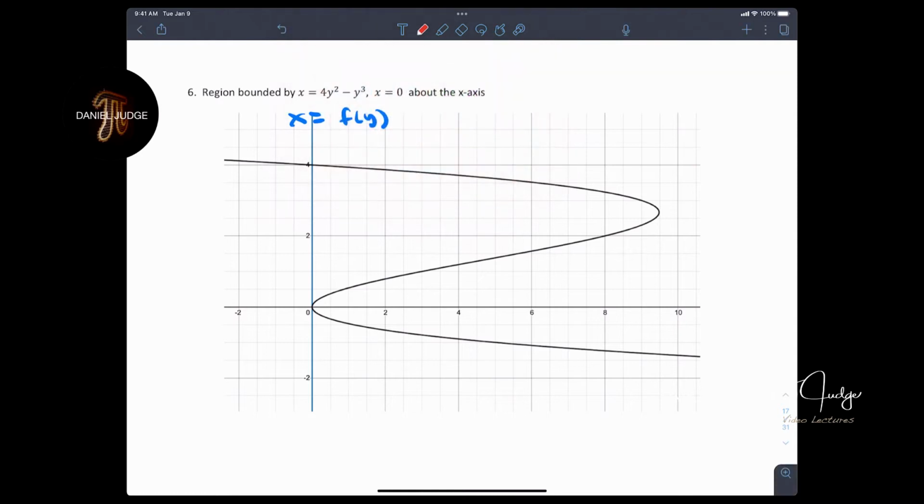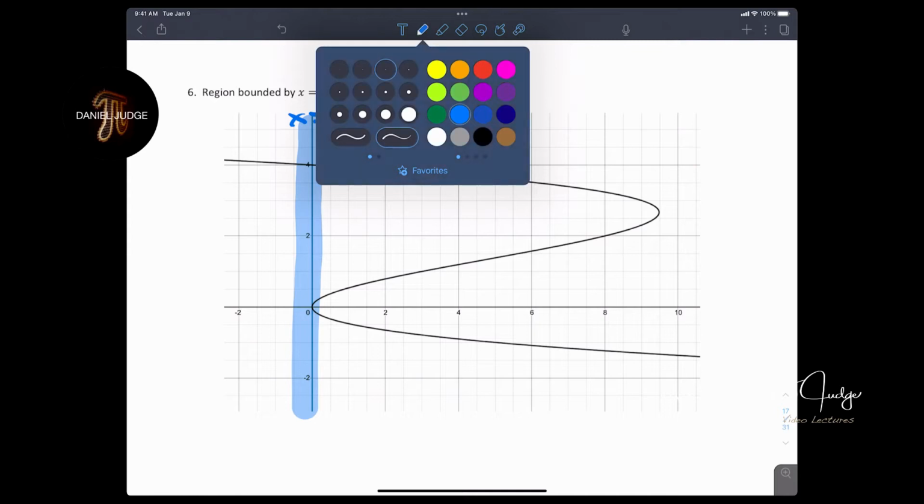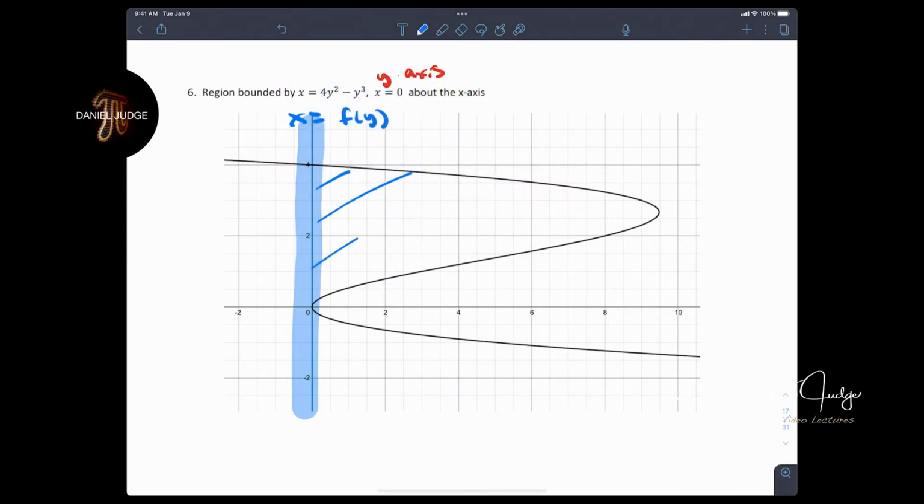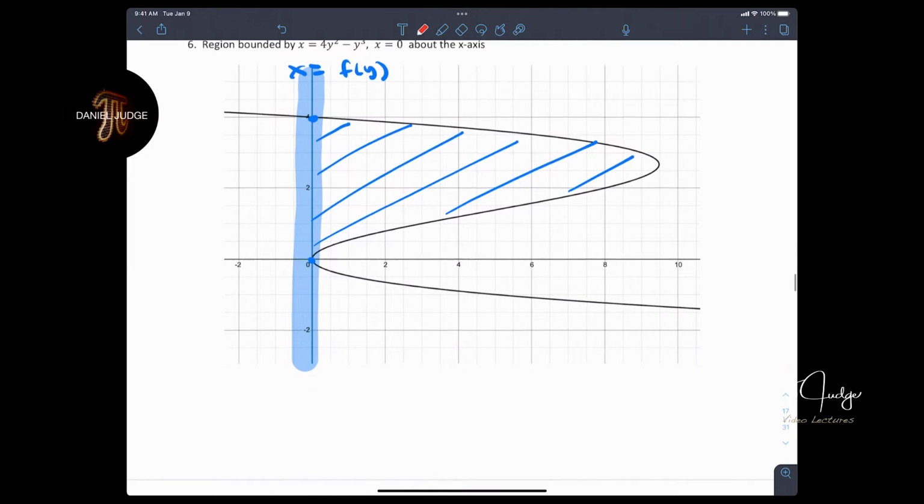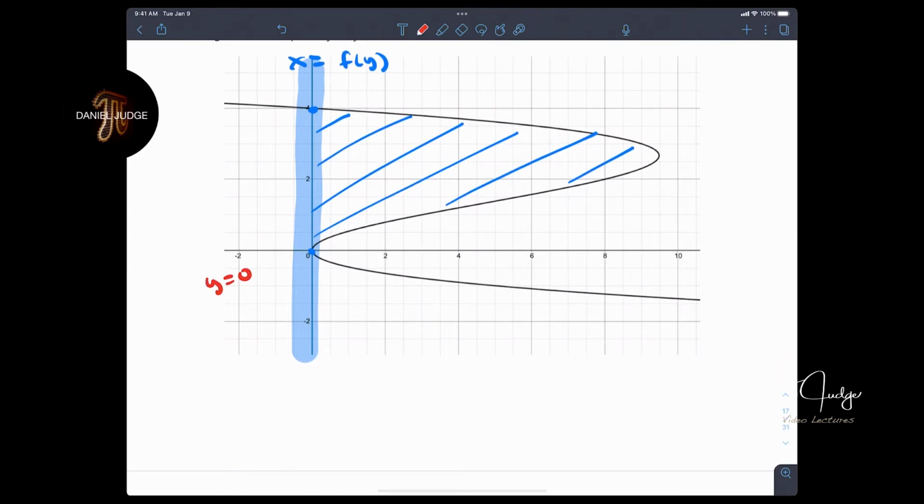That's the y-axis, so you guys know. What they're saying here is you have the y-axis and you have this curve. They're talking about a bounded region. This is the bounded region here, and you're going from 0 to 4. So this is y equals 0 to y equals 4. And there you go.